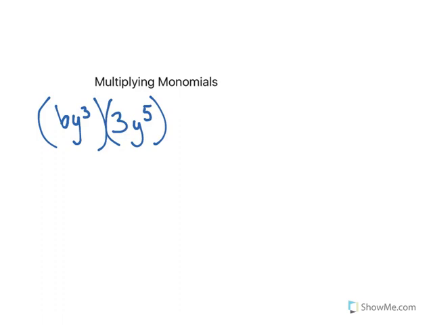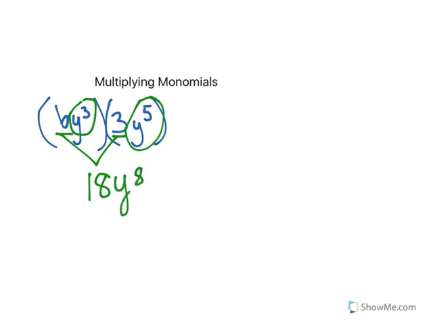We're going to do the same thing that we did in our exponent unit, which is we just multiply the numbers. So that would give us 18. And when you multiply with the powers, we're going to add them. So you'd have y to the third and y to the fifth, and that would become y to the eighth power.